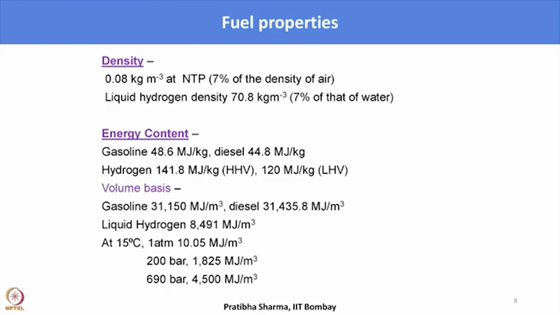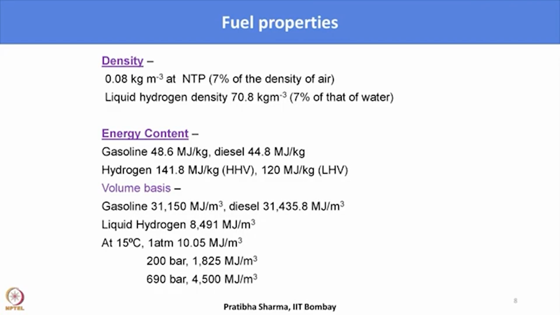If we talk about the energy content, which is the amount of energy contained in a fuel, that could be per unit on a mass basis or on a volume basis. We can also define it as the amount of energy released on complete combustion of a unit mass of fuel.